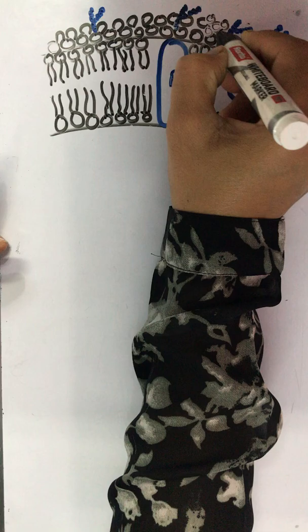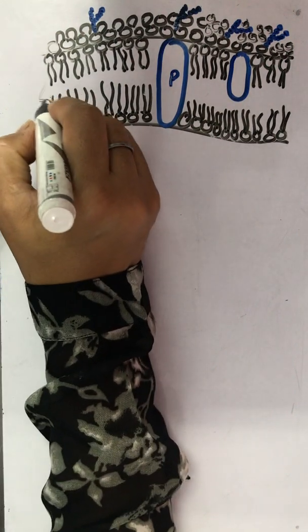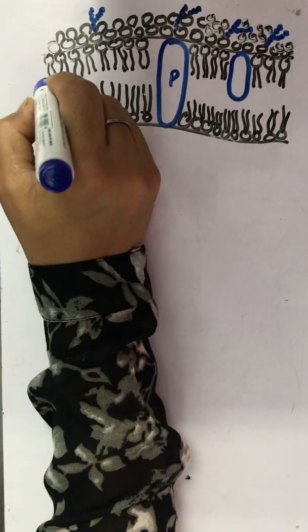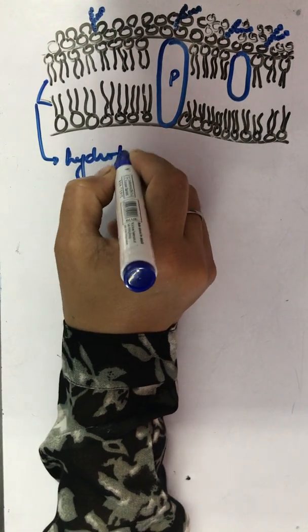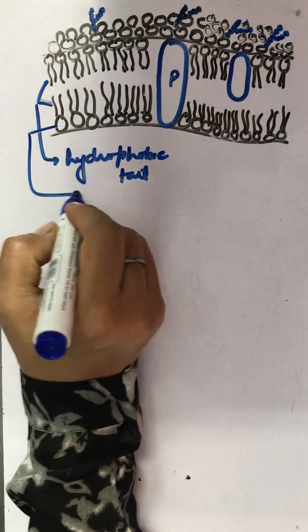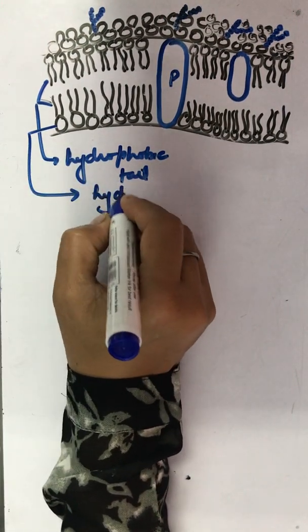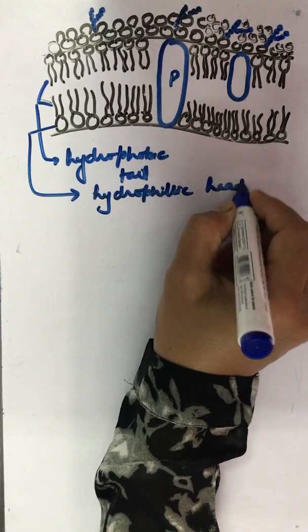These are the hydrophilic heads and the hydrophobic tail. This portion is the hydrophobic tail, and this one is hydrophilic head.